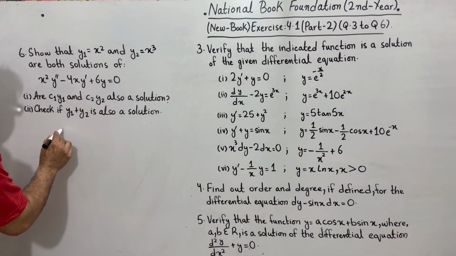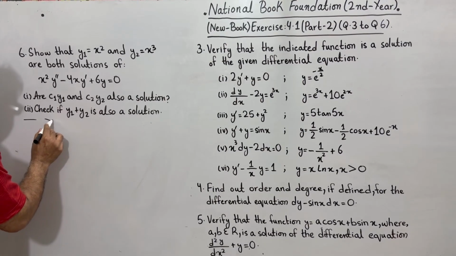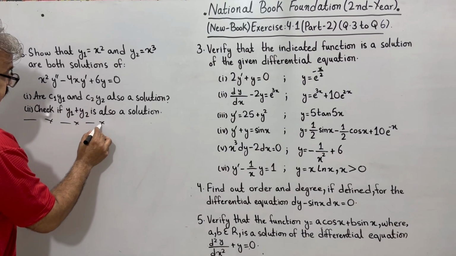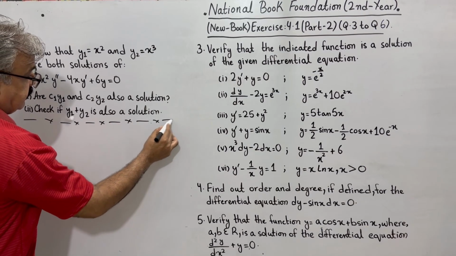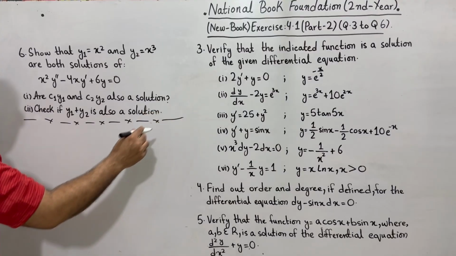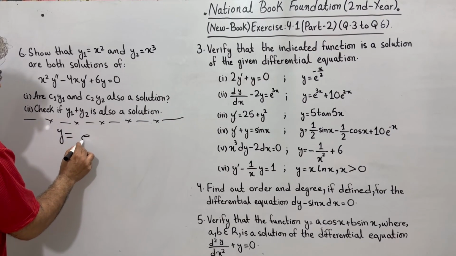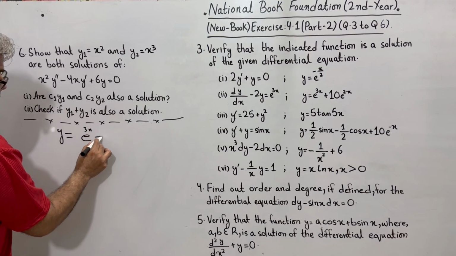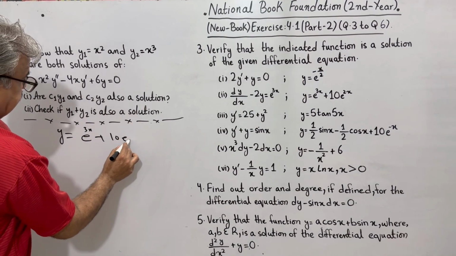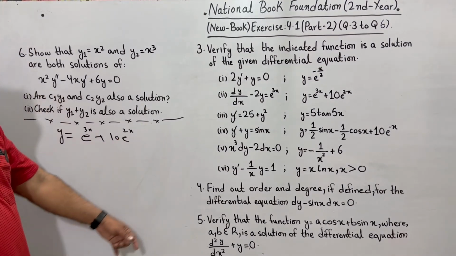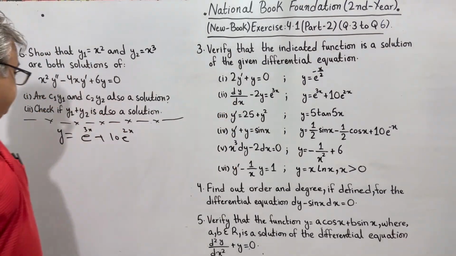Second, y is given by, let me demarcate a line. Now here is the solution. y = e^(3x) + 10e^(2x), and our requirement is the single derivative.